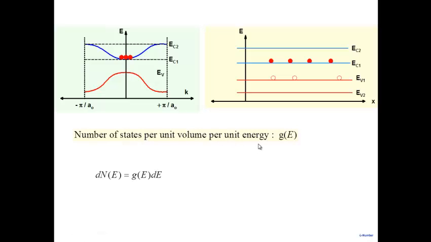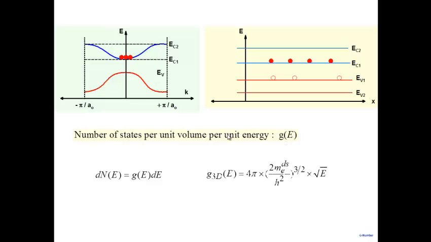If I take in this gap some energy increment dE, there would be a certain number of states in that increment. How many states will be there? Density multiplied by dE. It will tell us in that small energy increment how many states are there. Now, these states are not uniformly distributed. So that's why we are using a function. The density of states is a function. It depends.